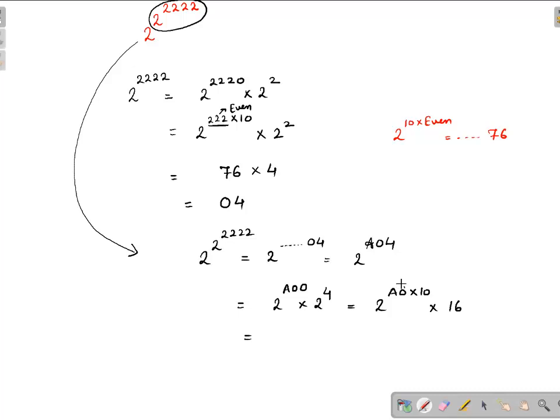Now, this is an even number, of course you can see, because my number is ending in 0 here. So 76 for the first expression and 16 is carried forward. If we find the last two places by multiplying this, either you can go by conventional multiplication or you can use one line multiplication, you will get 16 here. So this is the answer in this case.